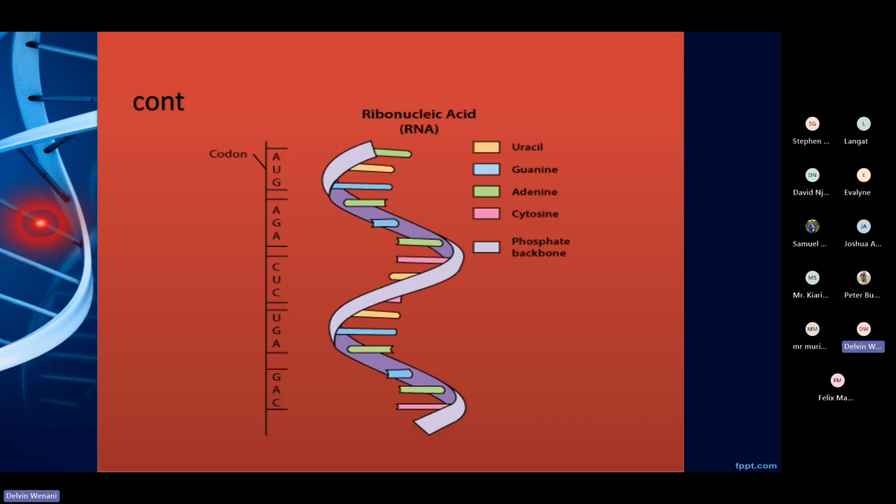Now, how does this messenger RNA carry or transmit the information? So this is what happens. Once the DNA wants to communicate to the proteins in the cytoplasm, it employs the RNA.